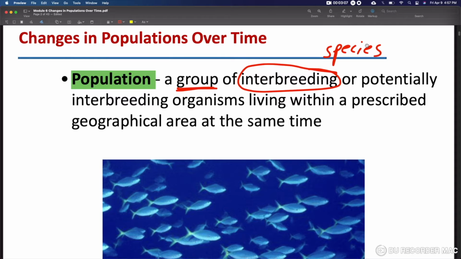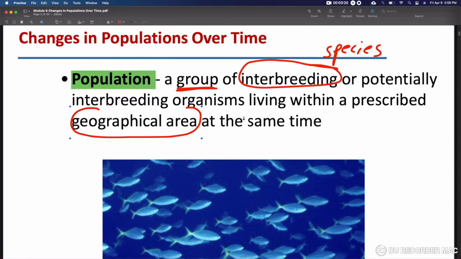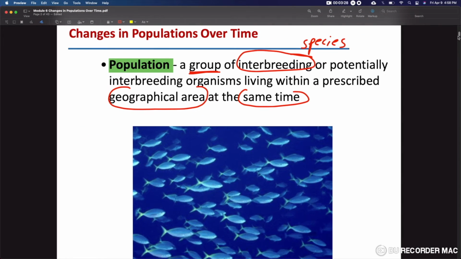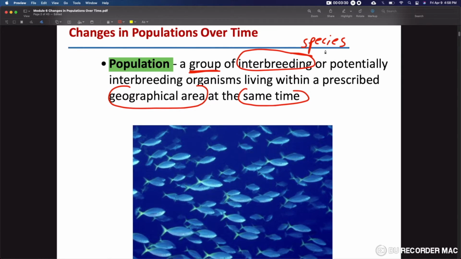But aside from being from the same species, to define a population and to count them, you also need to qualify the geographical area that they're in and the time frame that they are in. So you need to define your species, the geographical area, and the time, for you to classify a population and count it.